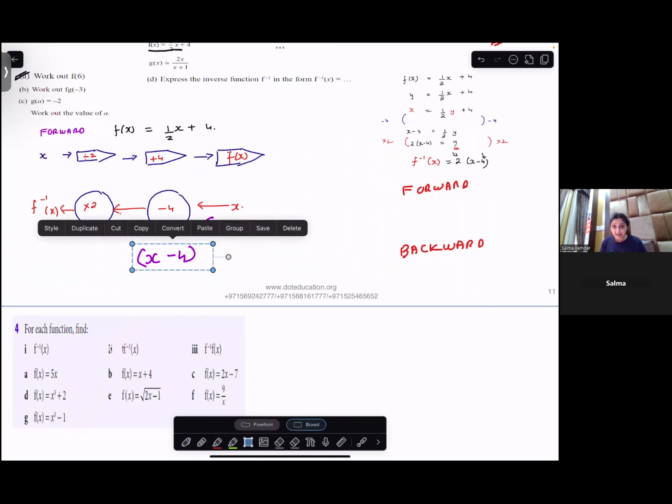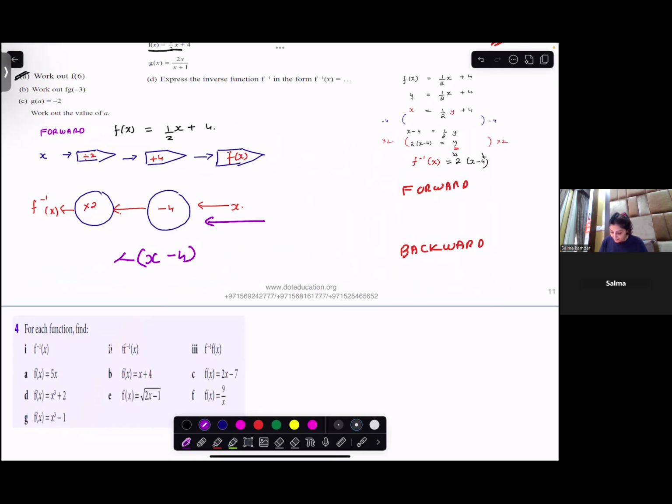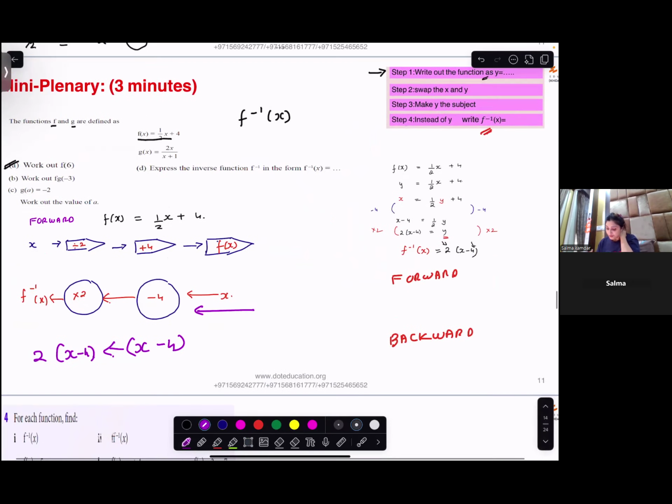This will become x minus 4, and again the backward. So it's going to become 2 times x minus 4. So this is another way of doing it. If you do not want to do this, write the function as y is equal to, swap x and y, make y the subject, instead of y, write f inverse of x. Or alternatively, you can do the forward and backward method, whatever you are comfortable with. With this, I have drilled in the concept of inverse function.